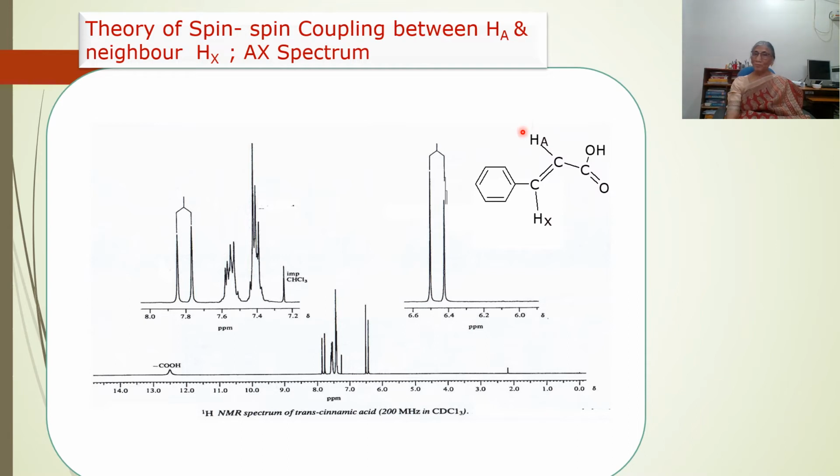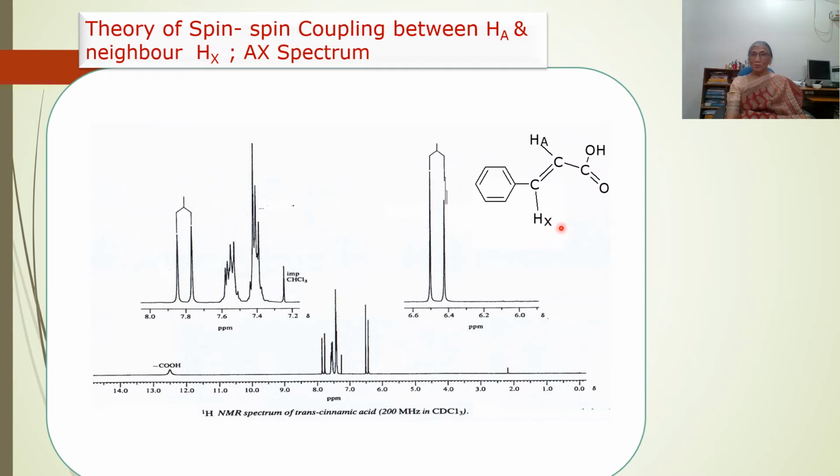At one point of time, when the nuclear magnet of proton A is aligned with proton X, then the effective magnetic field will be greater and proton X will be de-shielded. And when the nuclear magnet of proton A is opposing proton X, then the effective magnetic field will be slightly less and proton X will be shielded. So in these two situations, it will show two different resonance frequencies, and the signal will be a doublet. It will split up into two peaks.